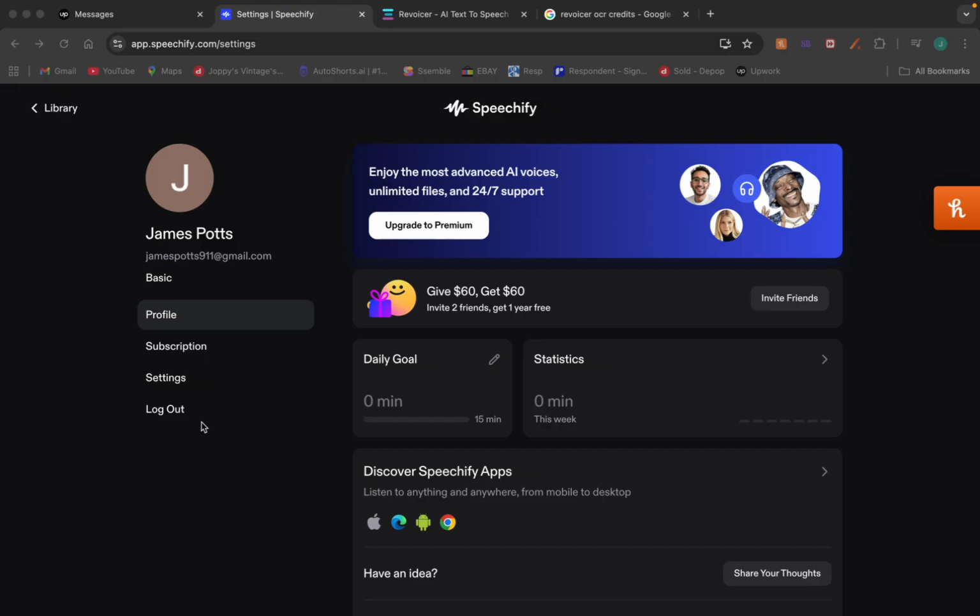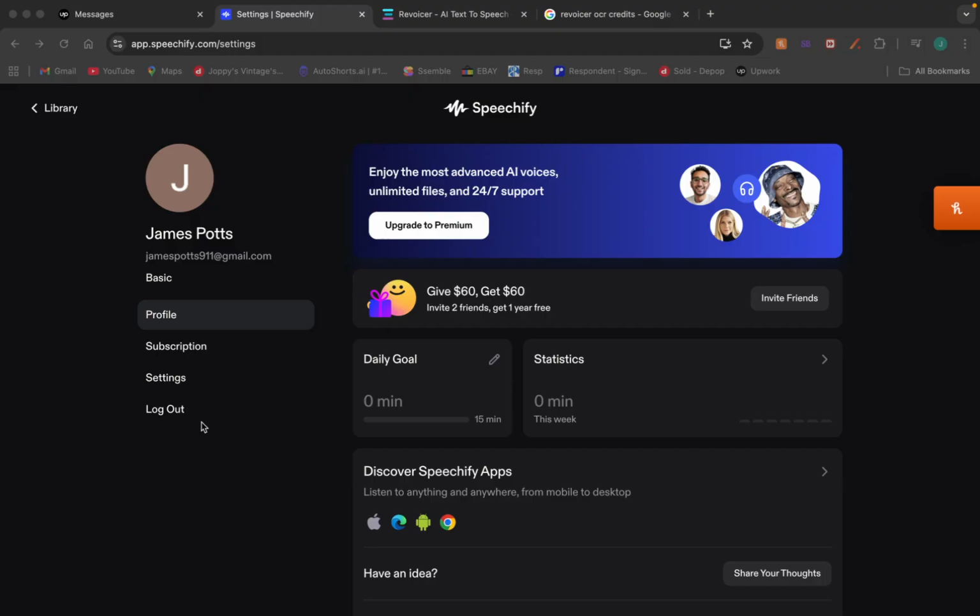Okay, and to summarise, we haven't been able to test Revoicer due to the fact there is no free version. Comparing that to Speechify, Revoicer does seem to be the more premium product out of the two. However, Speechify does have premium features and certainly does compare well to Revoicer.